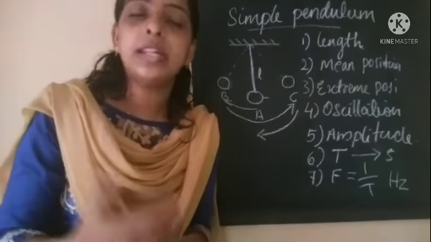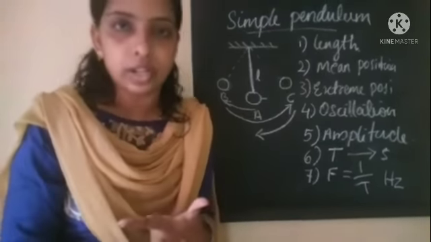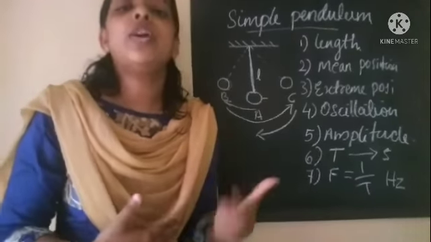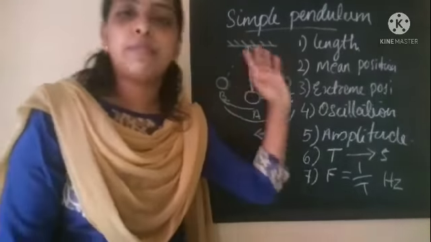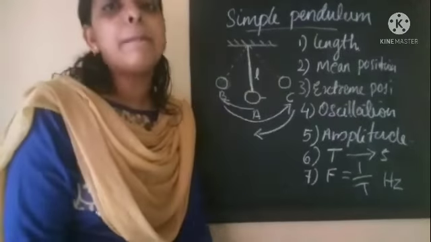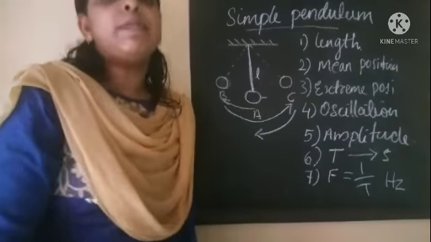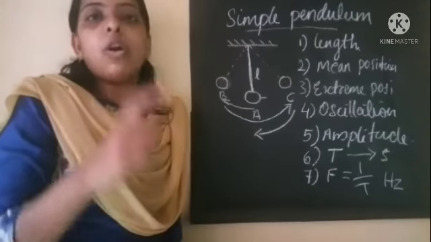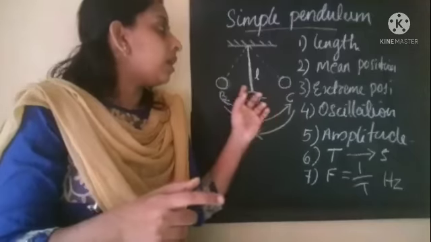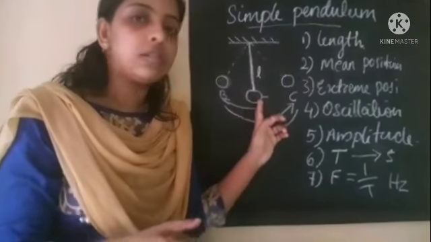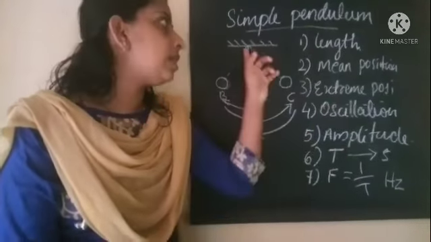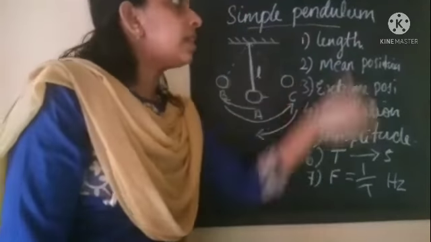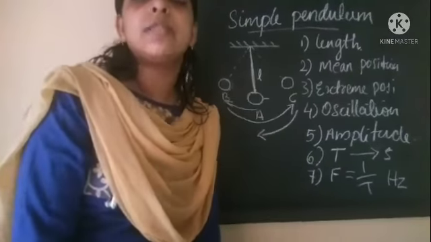Periodic motion means motion which repeats at regular intervals of time, and one simple device which works on this basis is the simple pendulum. A simple pendulum is a small bob suspended with a long thread from a rigid support, and this is the point of suspension. Then these are the various terms related with the simple pendulum.